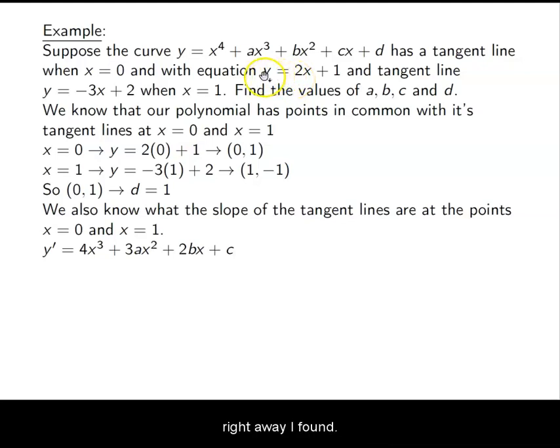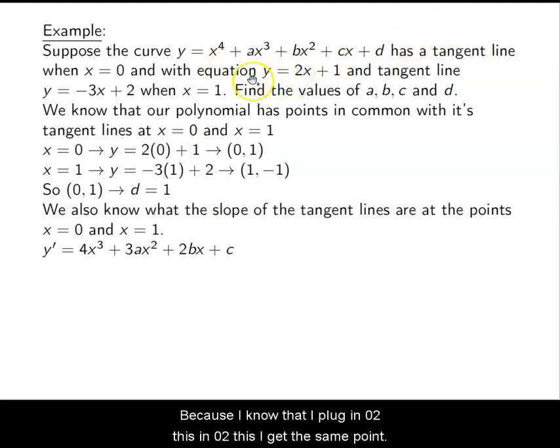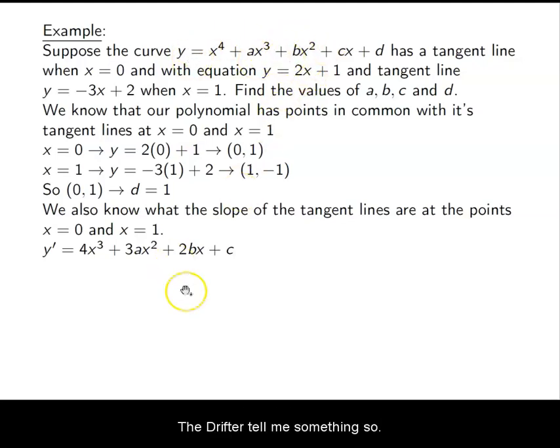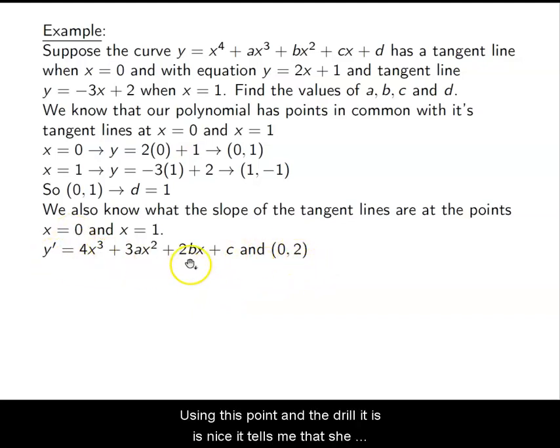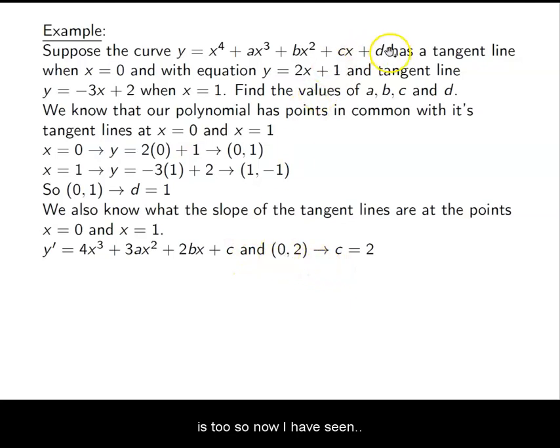Right away I found d, because if I plug in 0 to this and 0 to this, I get the same point. And plugging in 0 to the derivative gives me a value of 2, which is the slope of the tangent line. It tells me that c is 2. So now I have c and d.